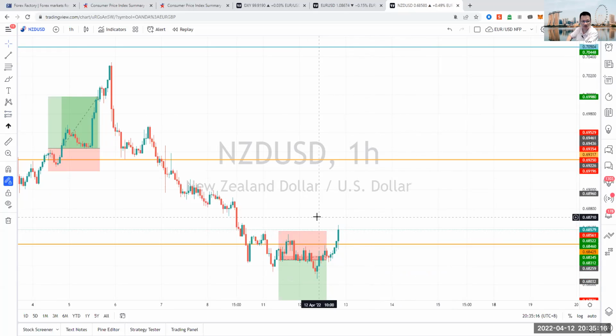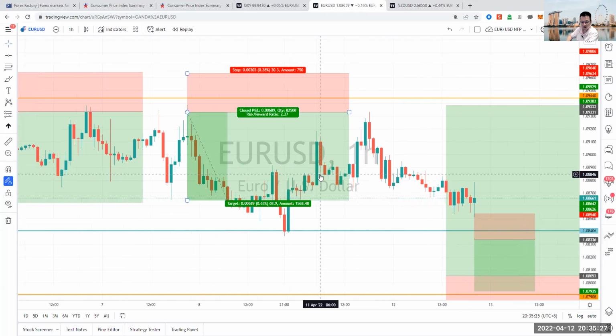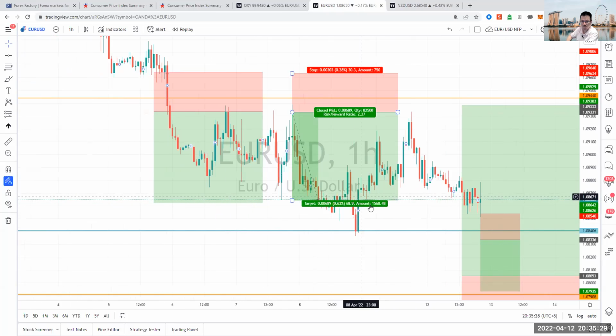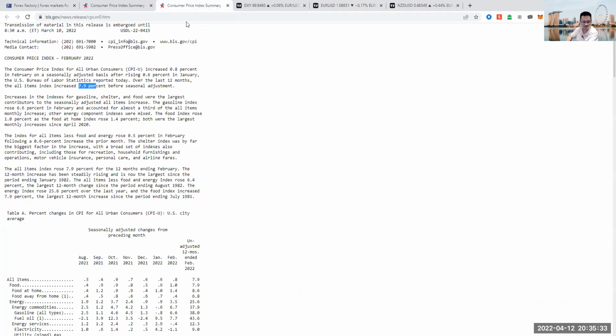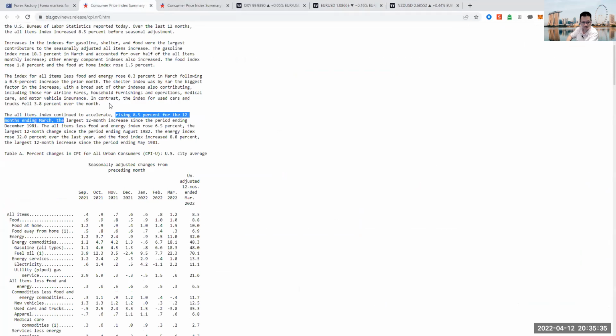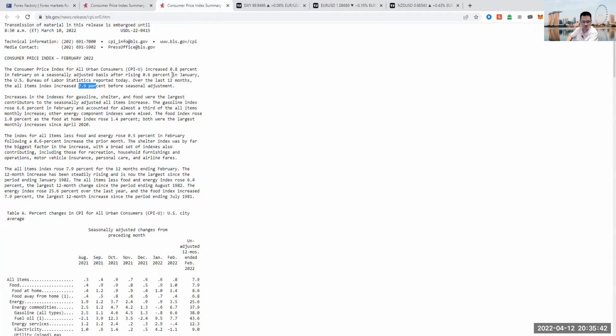It's only been 5 minutes since the news release. It could still move, turn back down. See, euro dollar has turned back down. We haven't seen that big move up yet. This is also because, in the scheme of things, the year-on-year number is at 8.5%. You can see here, over the last 12 months from March, it's 8.5%.